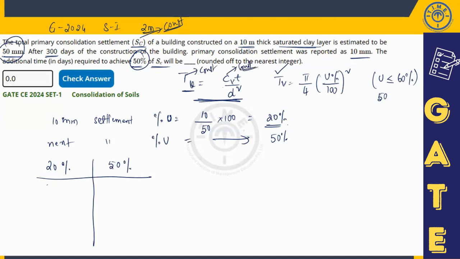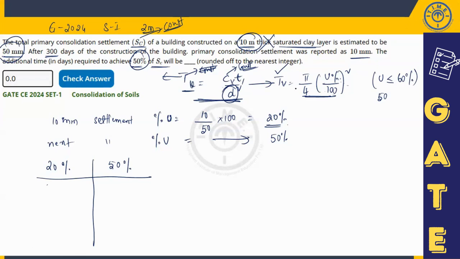So only variable parameters are T1, T2. Sorry, TV is not a constant parameter. D is a constant parameter because even with time, this thickness is not changing. That is constant. And TV is pi by 4 (U by 100) whole square. That is equal to CV T by D square.